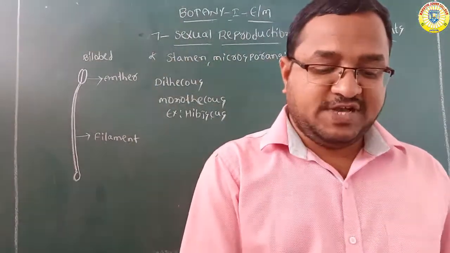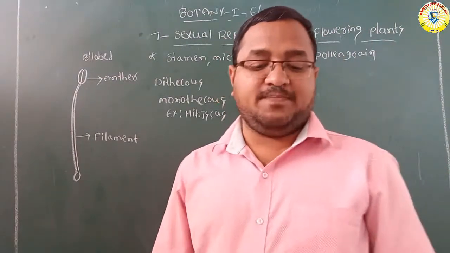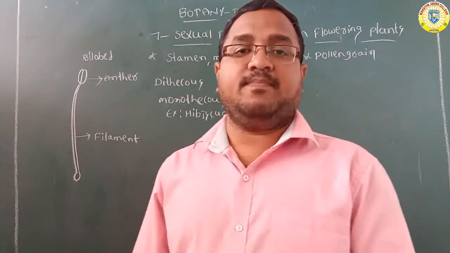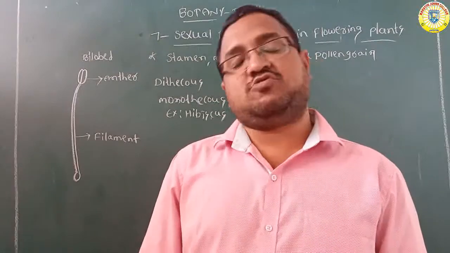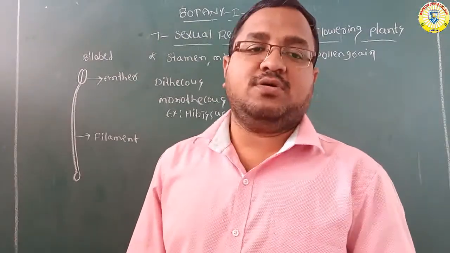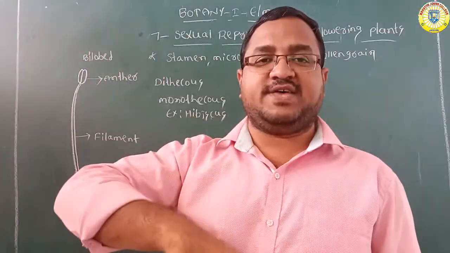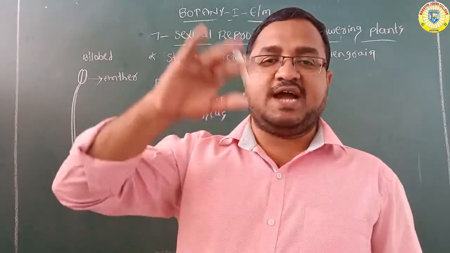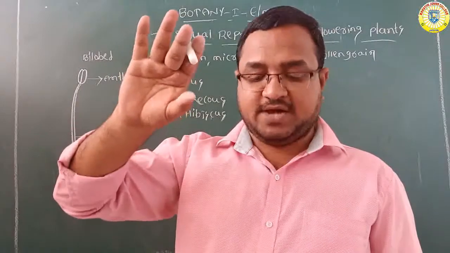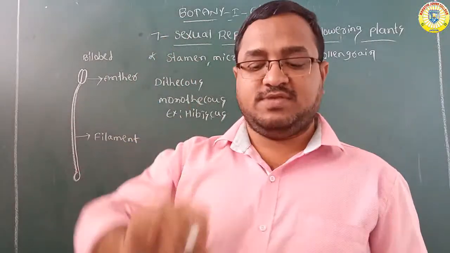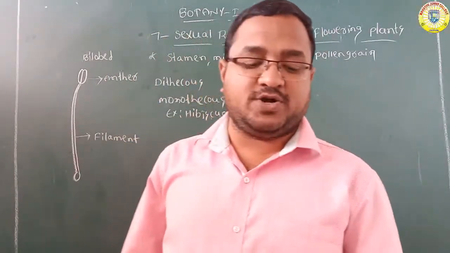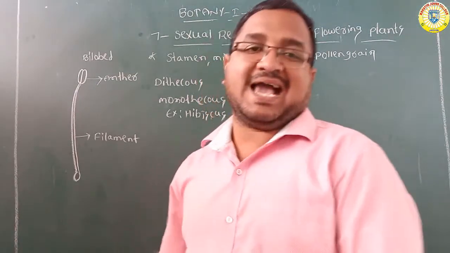These microsporangia develop and become pollen sacs. Four corners are there, four sides are there, and these microsporangia develop into pollen sacs.